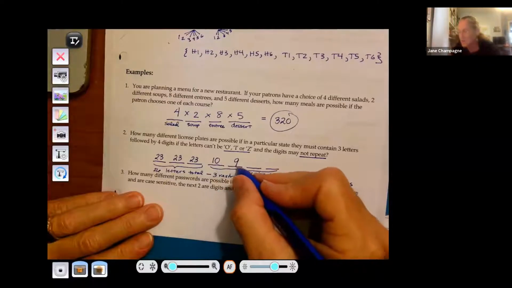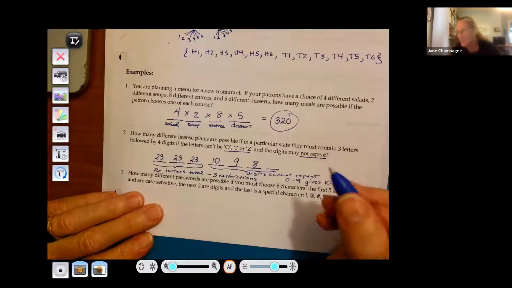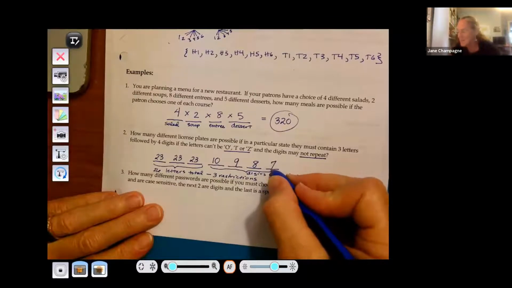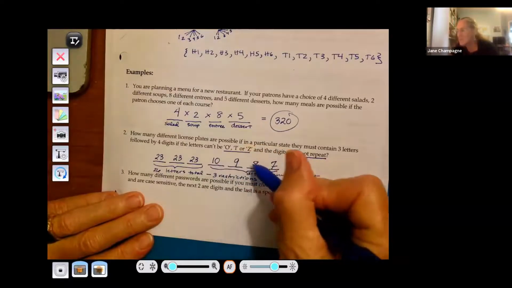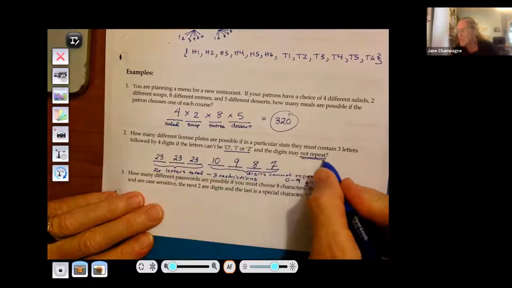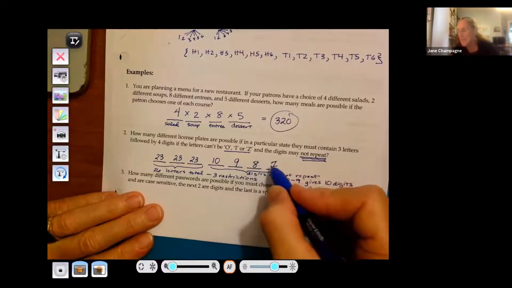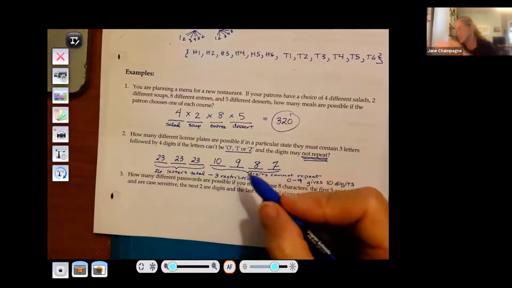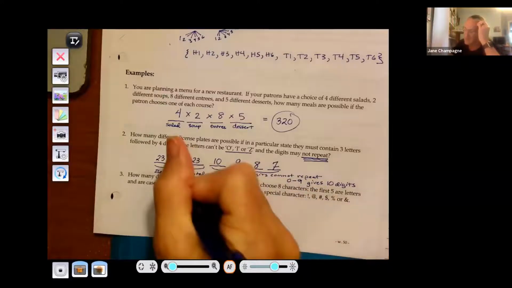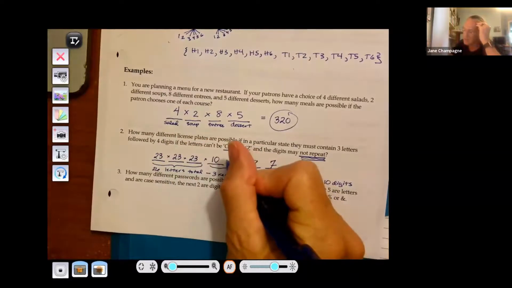So now there's 8 digits left to choose from. And then 7 choices for the 4th digit. All right, so this is what happens whenever there's no repetition. This idea of the numbers going down because one of them is being used at each stage, all right? And then your final answer is what you get when you multiply these all together.